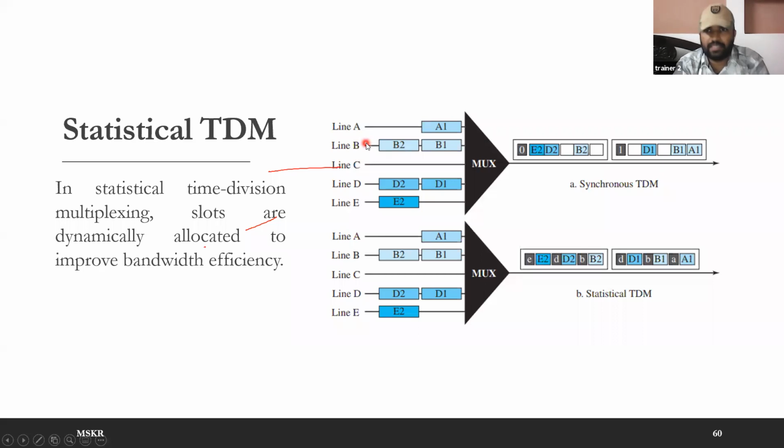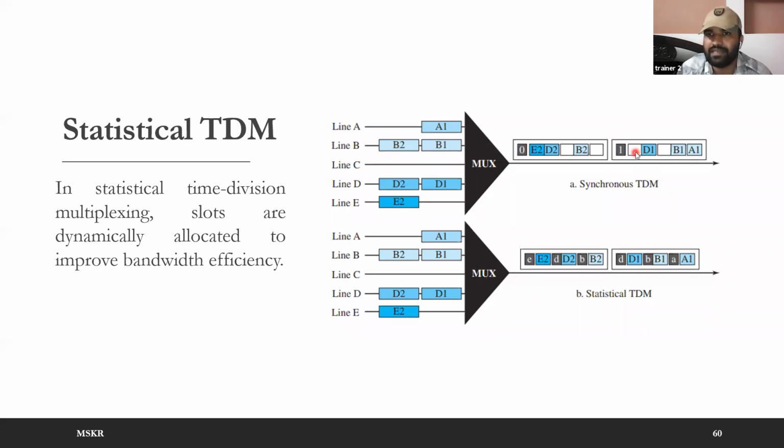So as you can see, statistical TDM is quite the opposite of synchronous TDM. In statistical TDM, you are going to remove the disadvantage that we discussed previously. Here you are not going to waste time as in synchronous TDM. As you can look here, first A's data, then B, next C, next D, next E. First A1, B1, C1 is not there, so you waste the slot.